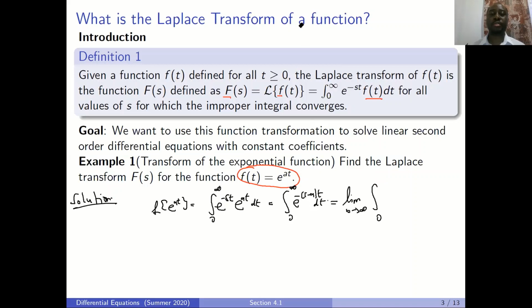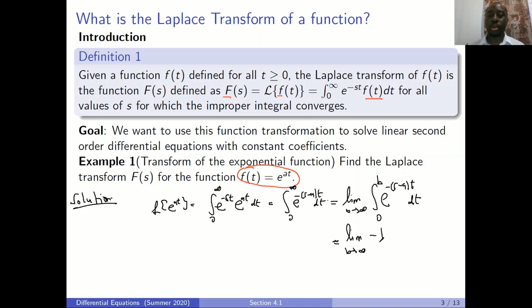So we just take the left boundary to 0 to infinity to derive the improper integral e to the minus (s minus a)t. Hopefully you remember this from Calc 2. All right, so now we can perform this integral. This is the limit as b approaches infinity.